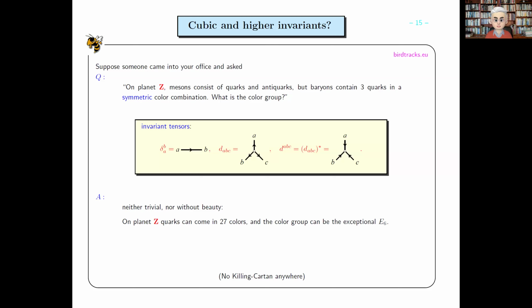But thinking about it in this Birdtracks way turns out to be extremely powerful. Before this happened, particle physicists learned the stuff from Weyl and other people, but basically Killing-Cartan. Killing was the guy who figured it all out. Cartan wrote it nicely a few years later, so it's called Killing-Cartan.